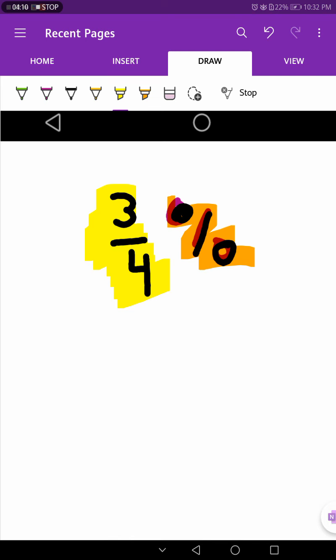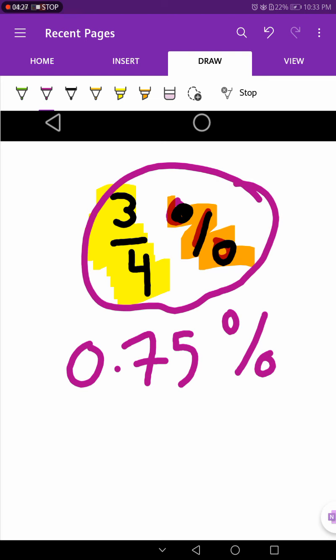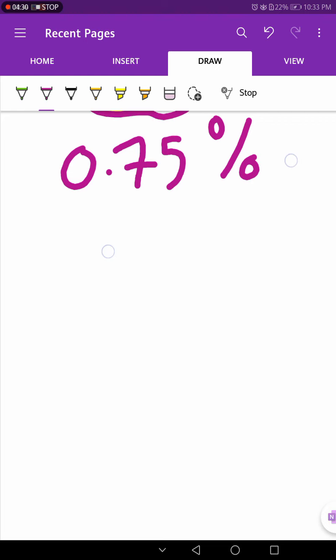Just write the 3 over 4. And we said the 3 over 4 is one of the famous fractions. And it is equal to what? Yes, it is equal to 0.75. Thank you. Percent. So instead of this, it is equal to this.